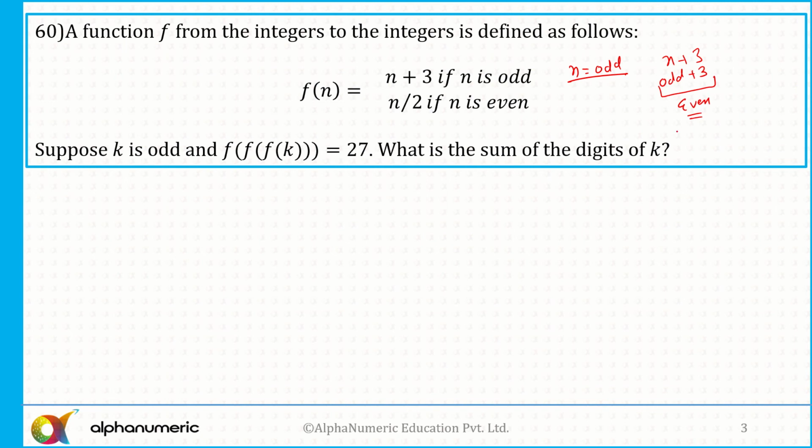Which means in any function, if my input is an odd number, then my output will always be an even number. But n by 2, if n is even, I'm not sure, n by 2 can be odd as well as even, but n plus 3 should always be even.